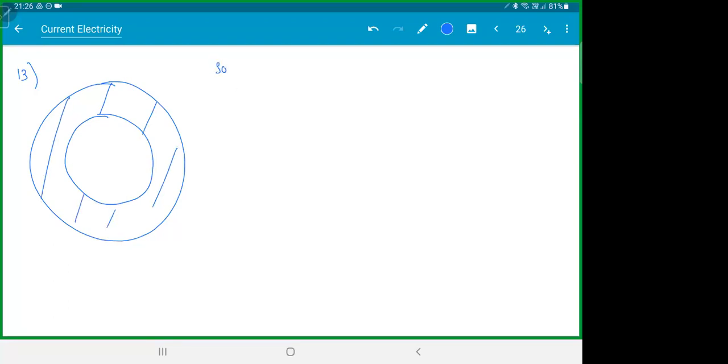We have a solid sphere with a cavity. Means you can't actually see the cavity. Inner radius is A, outer radius is 2A. Rho is equal to rho naught x square. This is the resistivity. X lies between A and 2A.